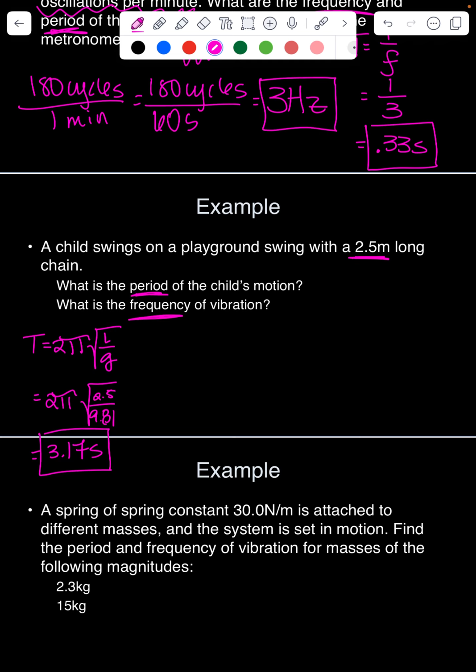Now I want to know what the frequency is. We know that frequency and period are inversely related, so we take the inverse of our period. That's 1 divided by 3.17 seconds, which gives us a frequency of 0.315 hertz. That means that 0.315 cycles happen every single second.